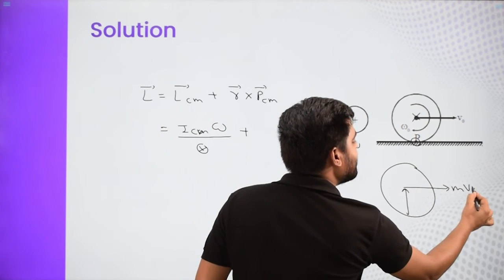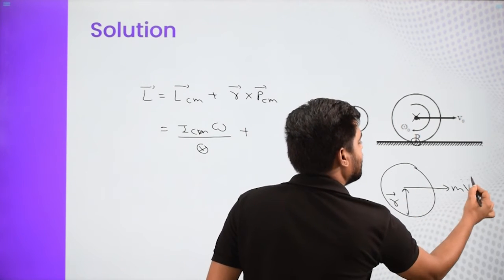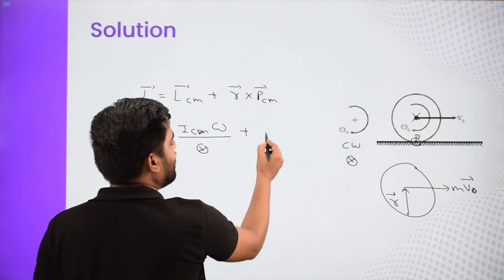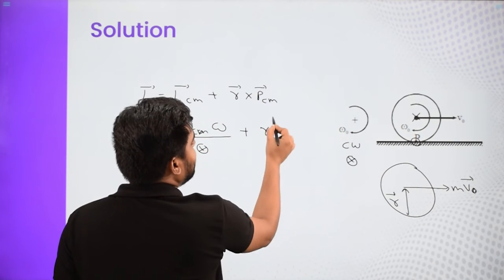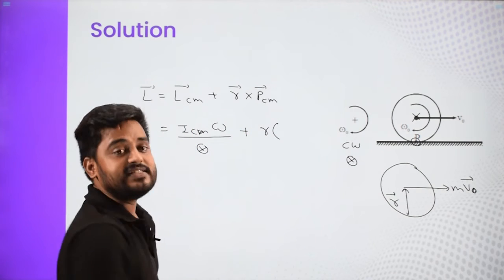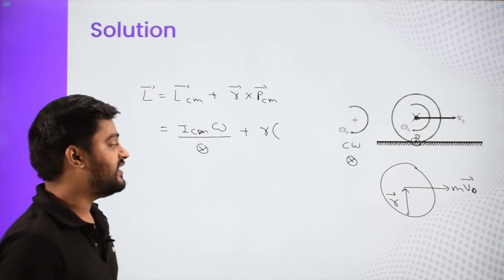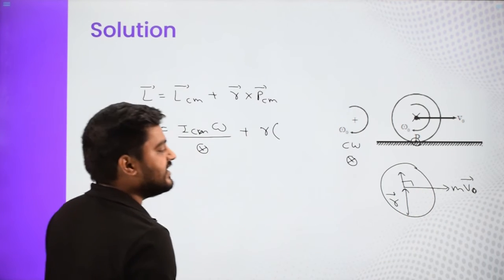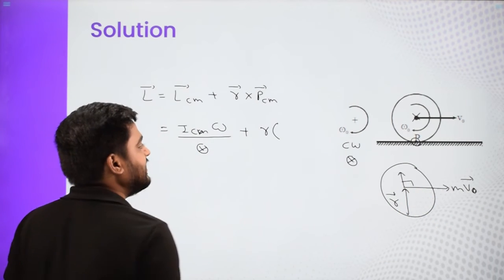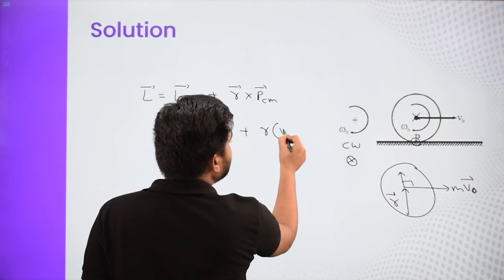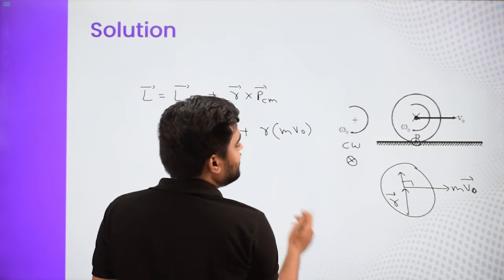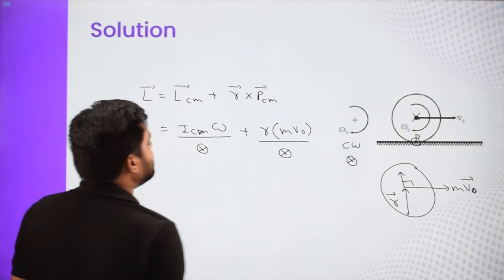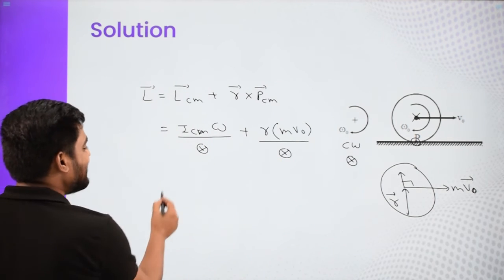So r cross p direction is again into the plane of the paper. r cross p is r into p into sine theta, but the angle between the r vector and p vector is 90 degrees, so I am not going to write sine 90 degrees. It will be r times mv0, and the direction is again into the plane of the paper. Both are in the same direction, so they will simply add up.